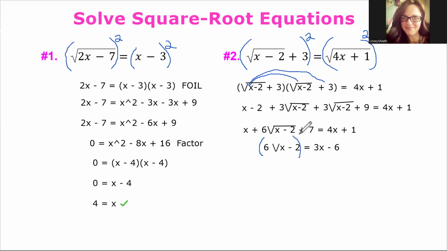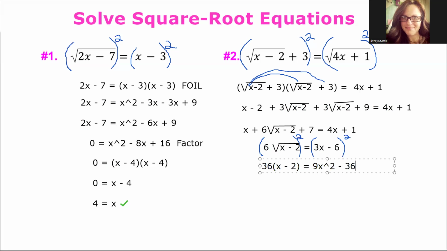We still have x minus 2 underneath the square root, so we will square both sides to try to eliminate this square root of x minus 2. And let's see, we get 36 times x minus 2. The square root and the power of 2 cancel out. We still need to square 6. And then on the right-hand side, we do need to FOIL 3x minus 6 times 3x minus 6.